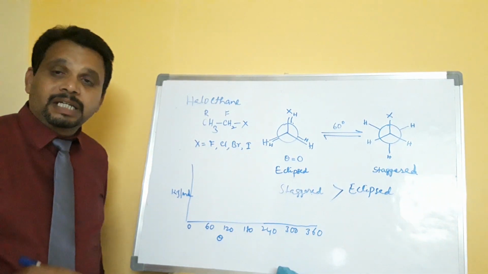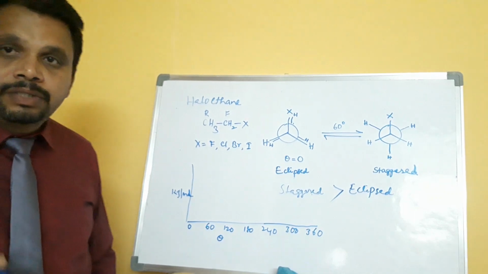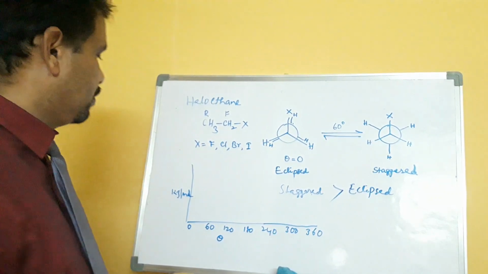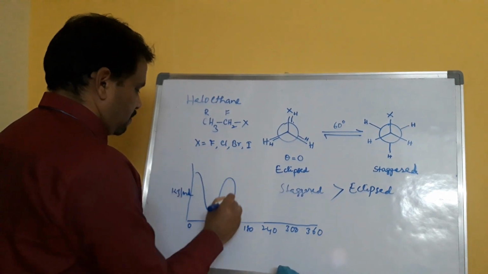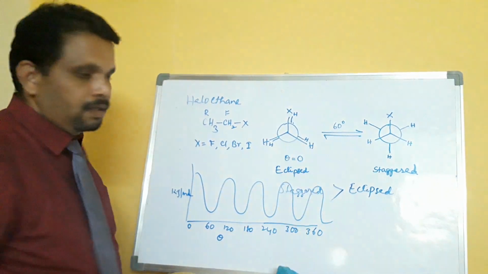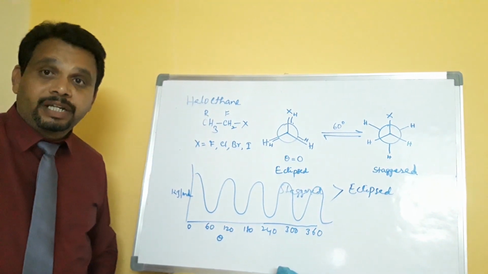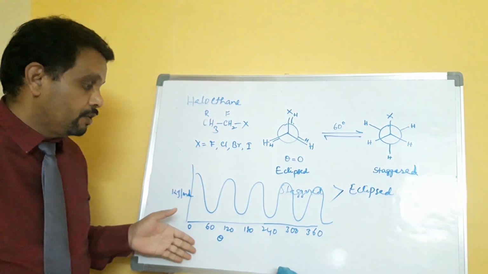Similarly, as for the ethane molecule, you will get a sinusoidal curve like this. This is the potential energy diagram you will get for monohaloethanes.